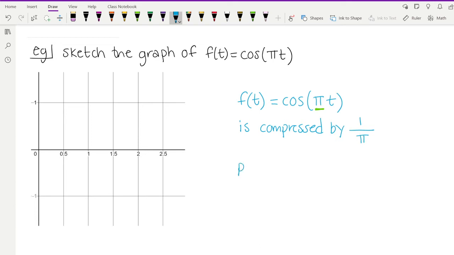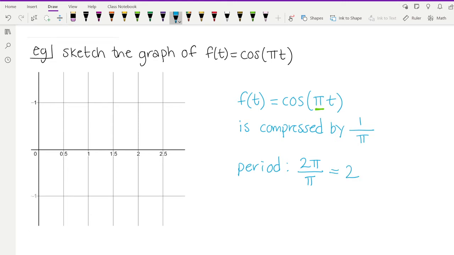And so that tells us that the period is going to be 2 pi divided by pi, right? So remember the rule we learned is that the period is always going to be 2 pi divided by k. So in this case, k is equal to pi, so the period is 2 pi over pi. And 2 pi over pi, well, that's just the same as 2.